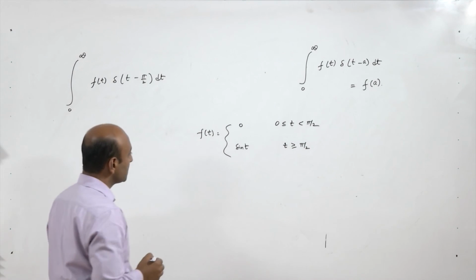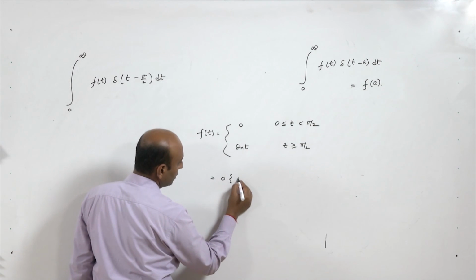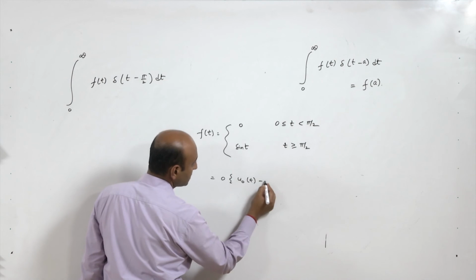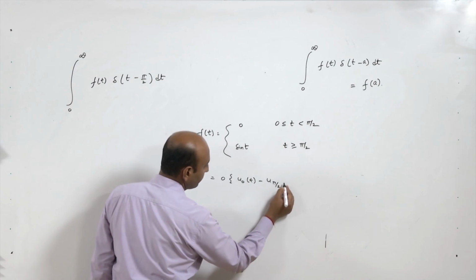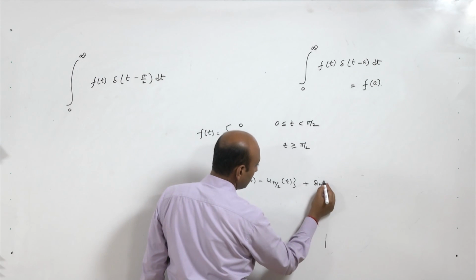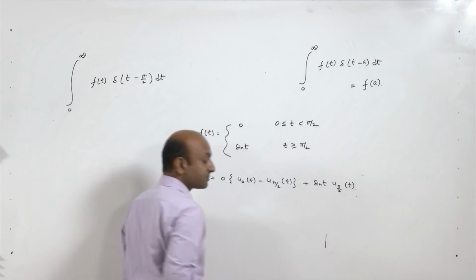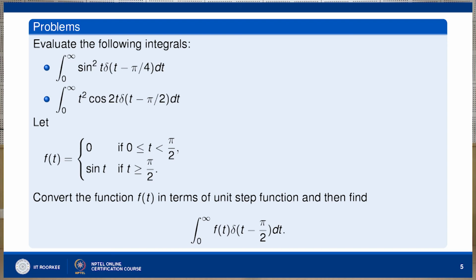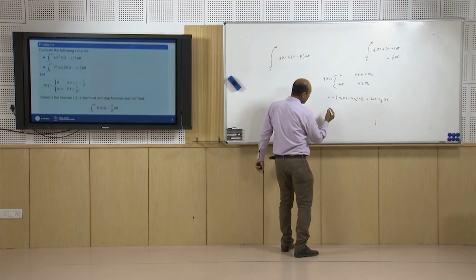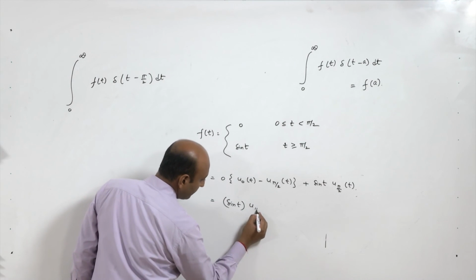So, basically this function is 0 into (u_0(t) minus u_{pi/2}(t)) plus sin t into u_{pi/2}(t). So, I express this function in terms of unit step function. Okay. So, it is nothing but sin t into u at pi by 2 into t.